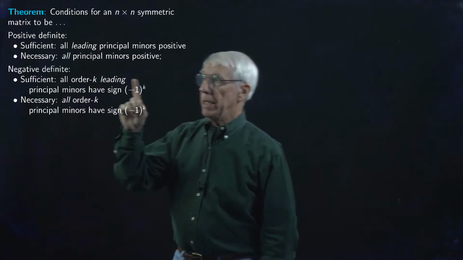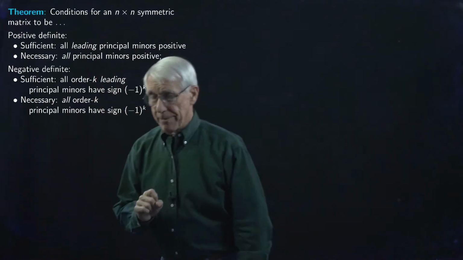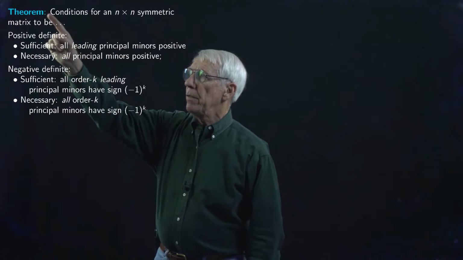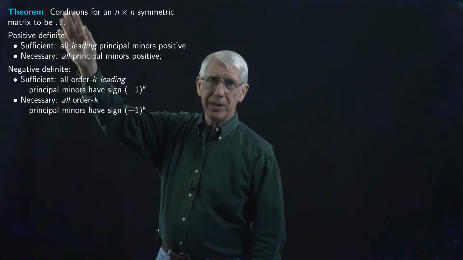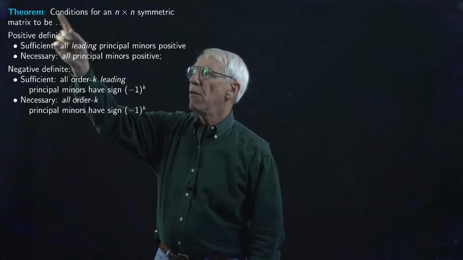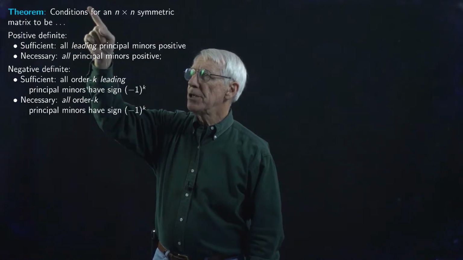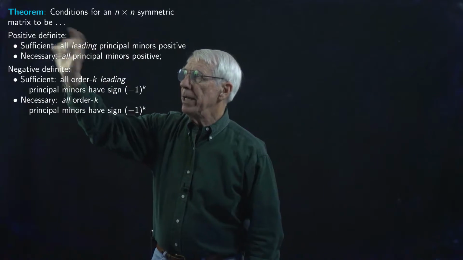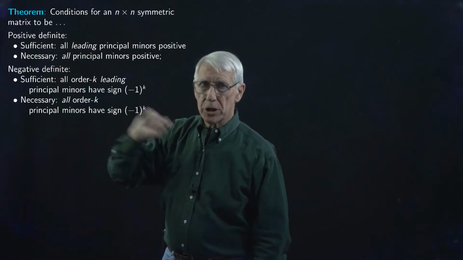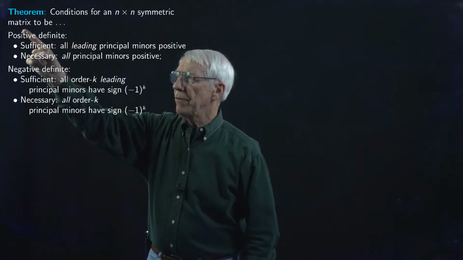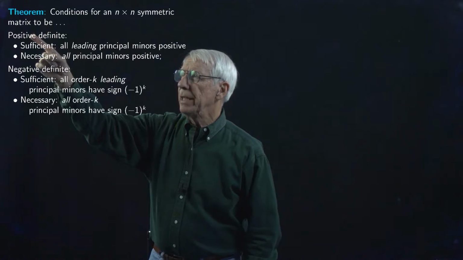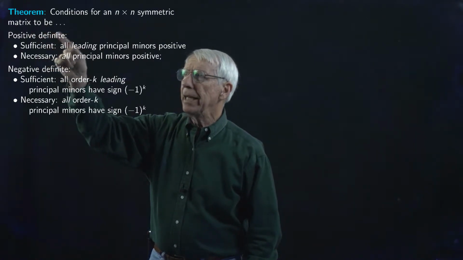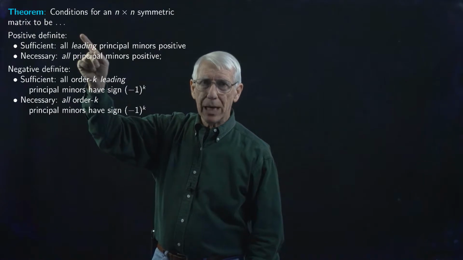The theorem gives the necessary and or sufficient conditions for an n by n symmetric matrix, because we're only worried about symmetric matrices, to be positive definite. Let's focus on that one first. To be positive definite, a sufficient condition is that all of the leading principal minors be positive.